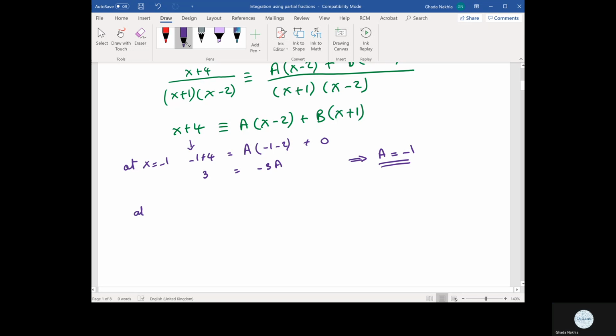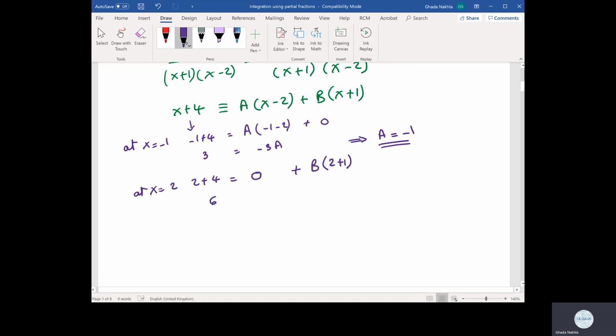At x equals 2, 2 plus 4 equals, this bracket will be 0 because 2 minus 2 is 0, times a, plus b times (2 plus 1). So 2 plus 4 is 6, equals 3b, because 2 plus 1 is 3. Therefore, b must be equal to 2.